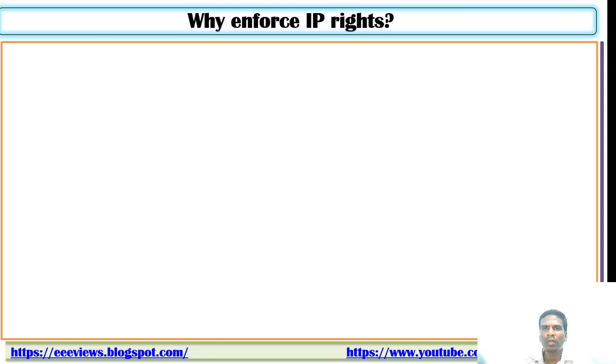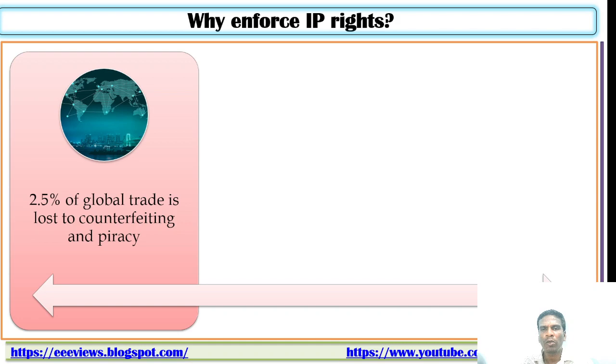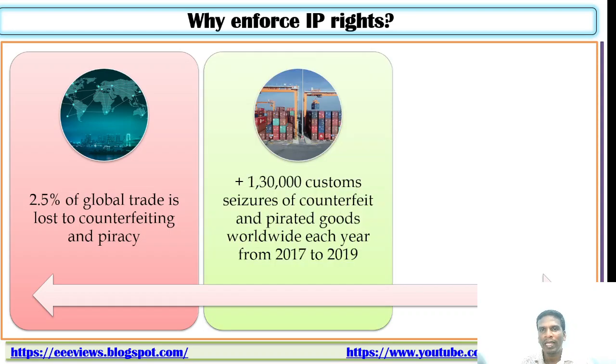There is a legal survey, and you can see around 2.5% of global trade is affected by counterfeit and piracy. Around 130,000 products are seized by customs officers through border measures, because they are importing infringed products.